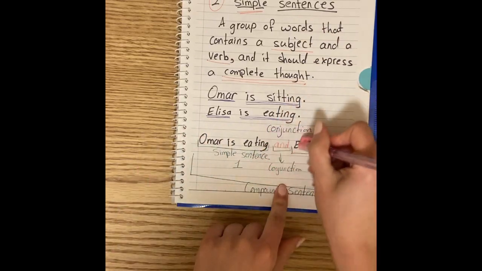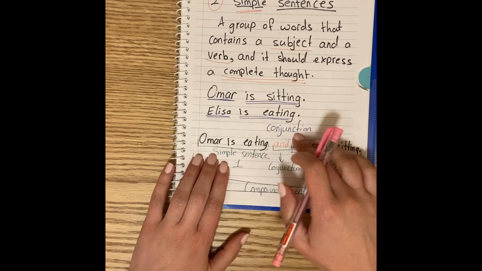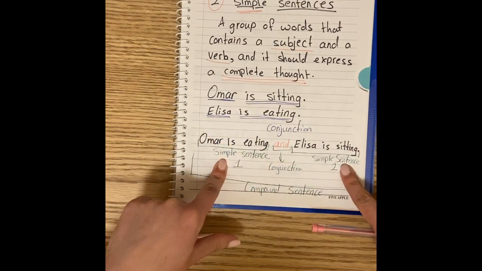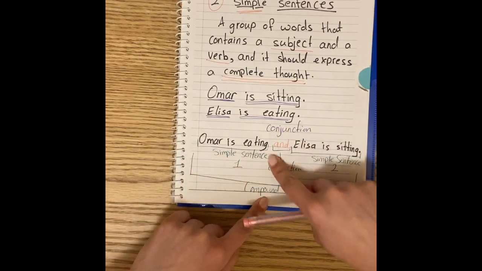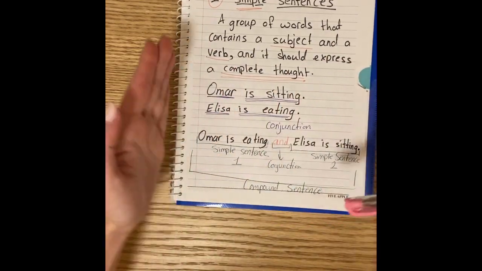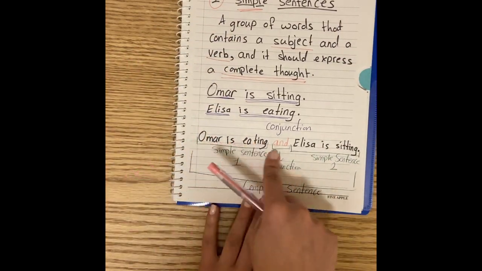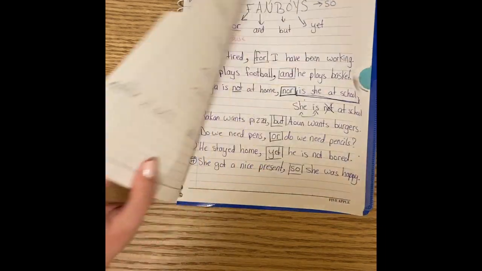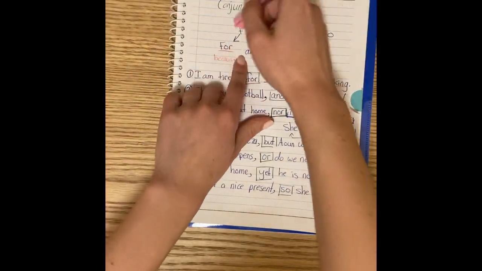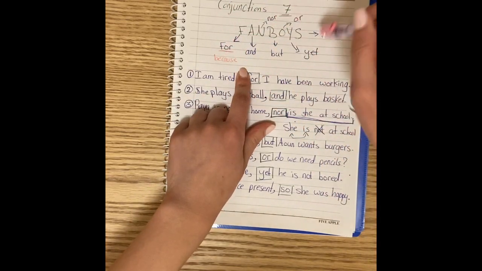I use a conjunction, for example, the conjunction and. Omar is eating and Elisa is sitting. Simple sentence number 1, simple sentence number 2 with a conjunction in the middle. These three elements give me a complete compound sentence, which is Omar is eating and Elisa is sitting. So the 7 conjunctions are FANBOYS: for, and, nor, but, or, yet, and so.